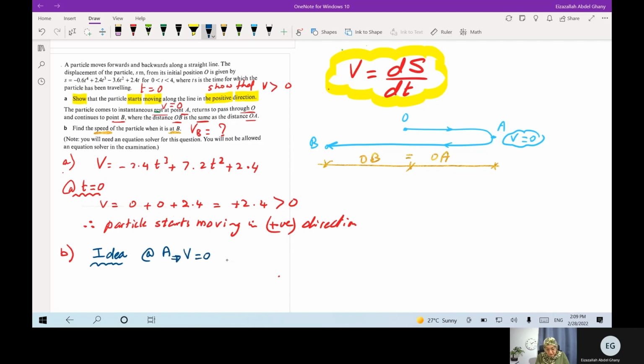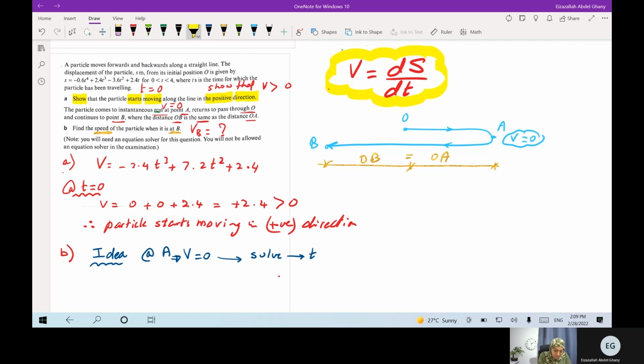When you equate velocity to 0, this is an equation you should solve, and when you solve, you will find t. But unfortunately, we cannot solve it manually. We cannot solve it by the normal methods, by factorizing or by the quadratic formula, because simply it's not quadratic, it's cubic, as you see. So that's why he wrote a clue in the question.